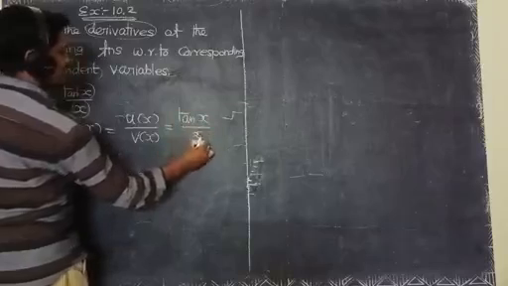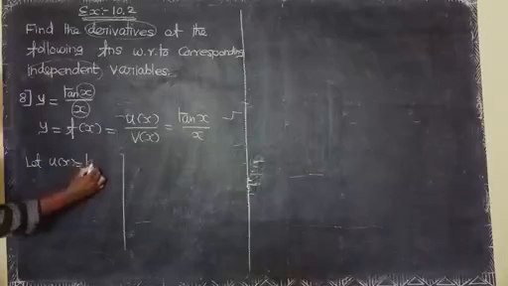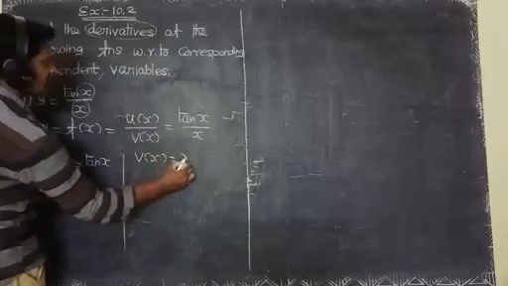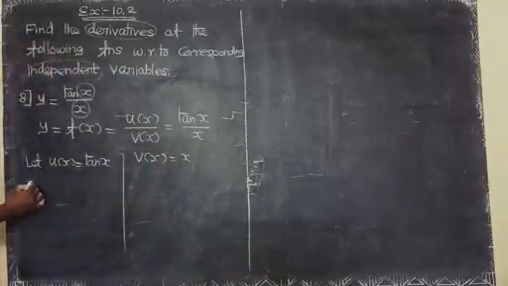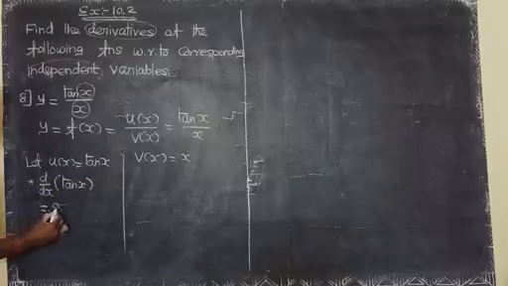Let u of x equal tan x and v of x equal x. From the formula, d by dx of tan x is secant square x.